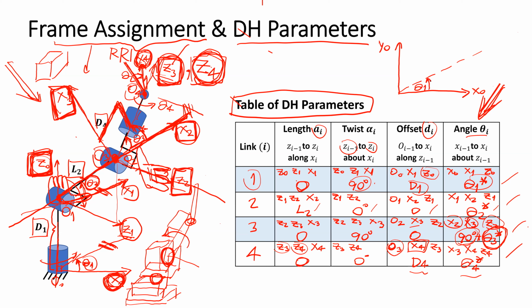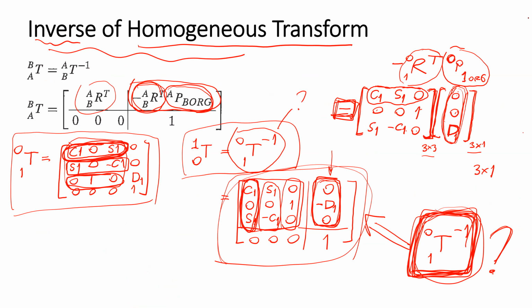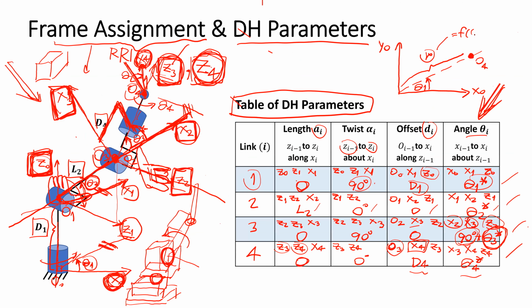The length from the top view, if we look at the endpoint position, of course, the origin of frame 4, can change the radius depending on the angles theta 2 and theta 3.